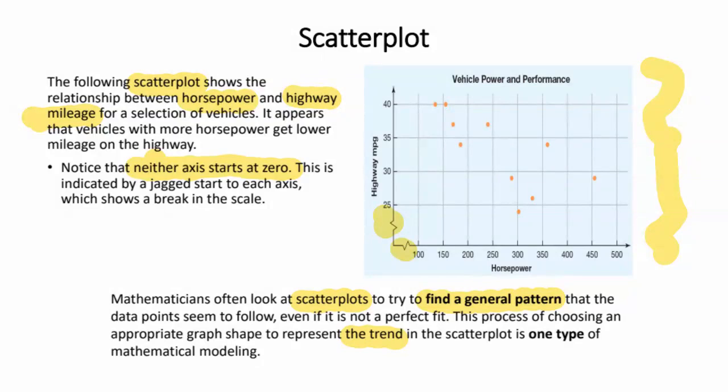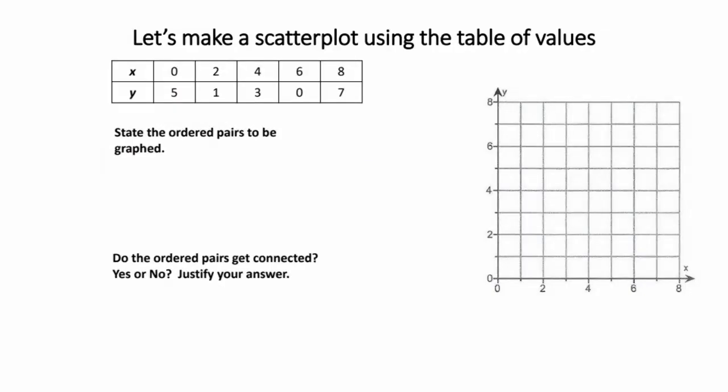Now, we're going to do a scatterplot. This is saying state the ordered pairs to be graphed. Well, remember, this is the x. This is the y.